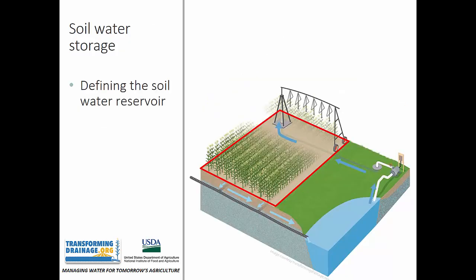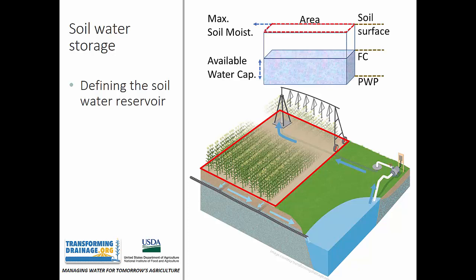Looking first at soil moisture in the field, we needed to identify boundary conditions for that soil water storage. So we did this through 3 different terms. Now, first, through maximum soil moisture, we defined the total amount of water in the soil profile at saturation. Next, through total available water capacity, we define the amount of water held between field capacity and permanent wilting point.